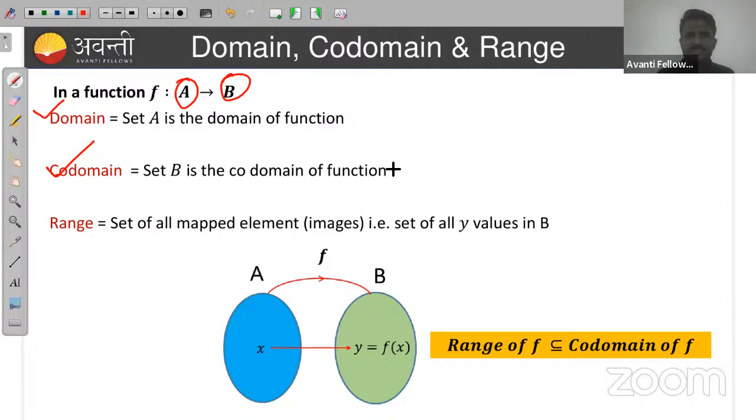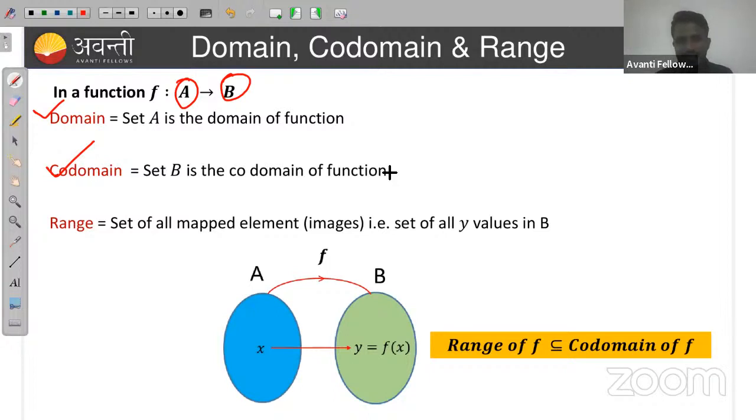What is range? Range is the set of all the mapped elements, the images, the set of all y values in B. Whatever you get at the end when you give inputs, the collection of all those is called the range. You can see that the codomain is a bigger set. Codomain contains all the possible values, all the possible outcomes that the function can give.